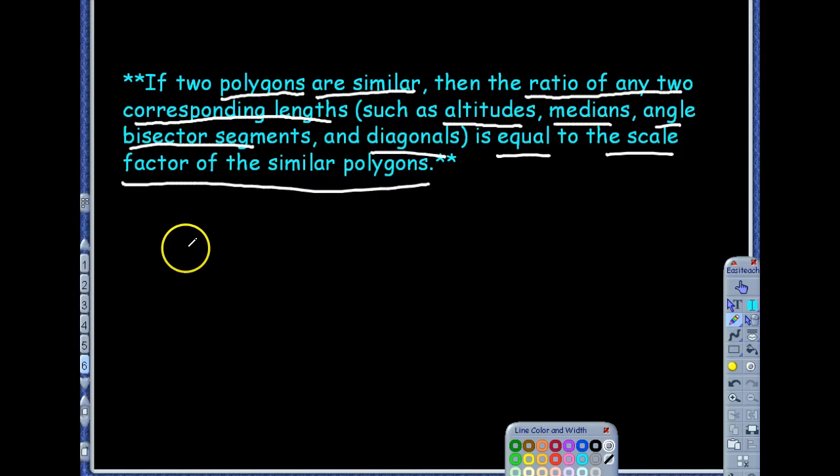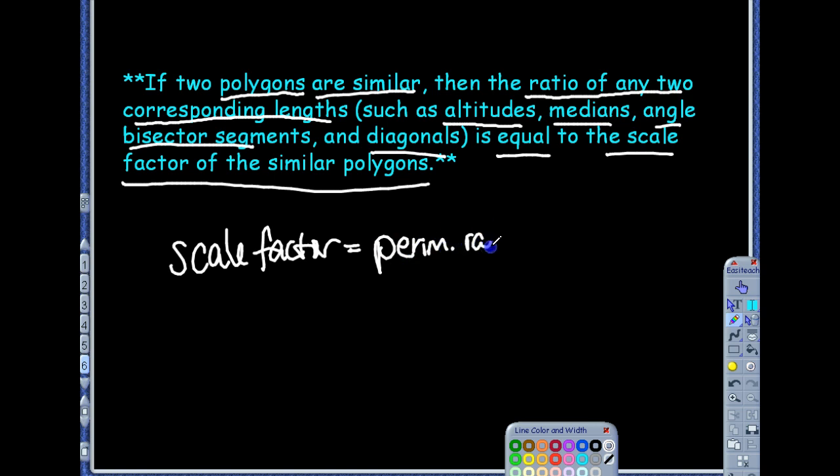So we've talked about the scale factor. That scale factor ratio is going to be the same as the perimeter ratio, which is the same as the corresponding side length ratio.